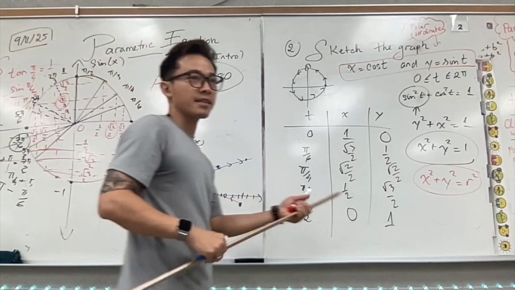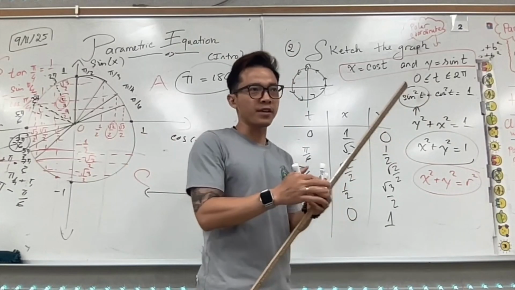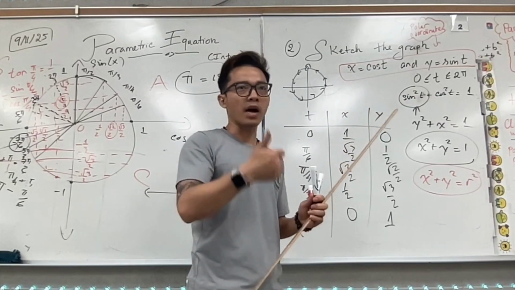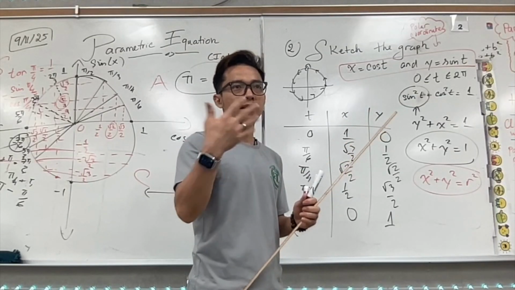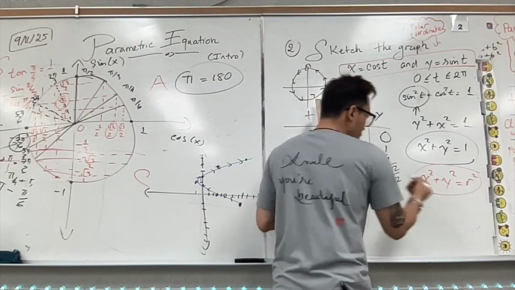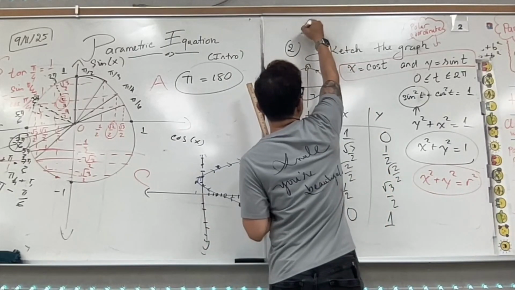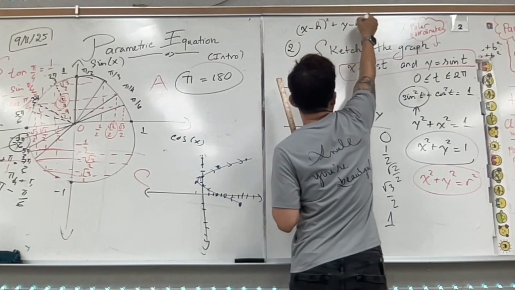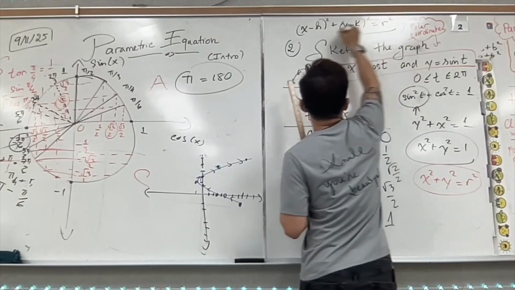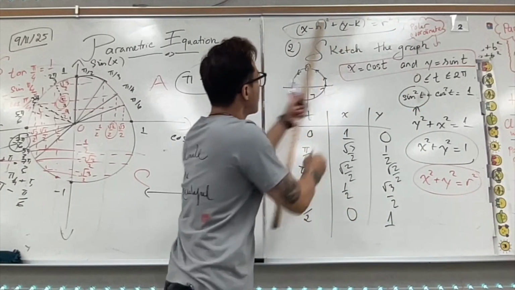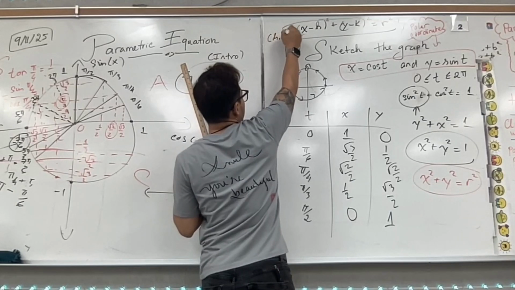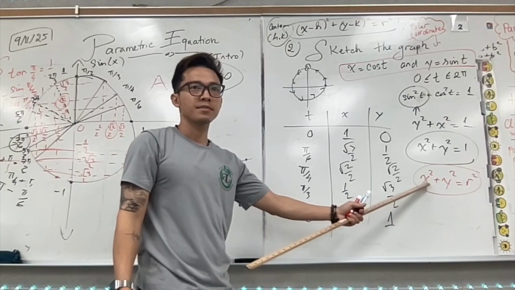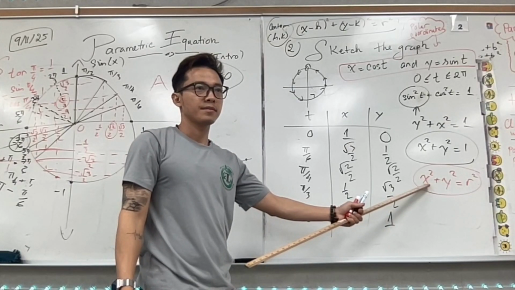And the center at... did you learn the real circle function, like conic sections? Did you learn about the circle, hyperbola, ellipse? No. So the real circle function is this: x minus h squared plus y minus k squared equals r squared. To be more specific, h and k are going to be your center. What is the center here? The origin.